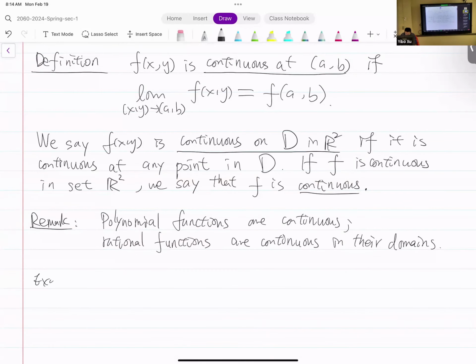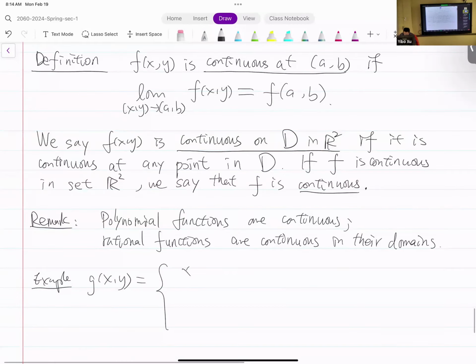Example. So just the proof of concept. Let's define g of xy as the following piecewise defined function: x squared minus y squared over x squared plus y squared. So it's still the same rational function that we have seen from before.